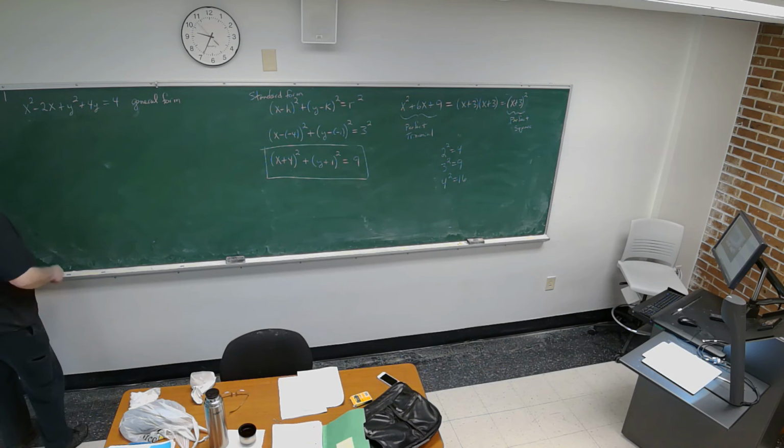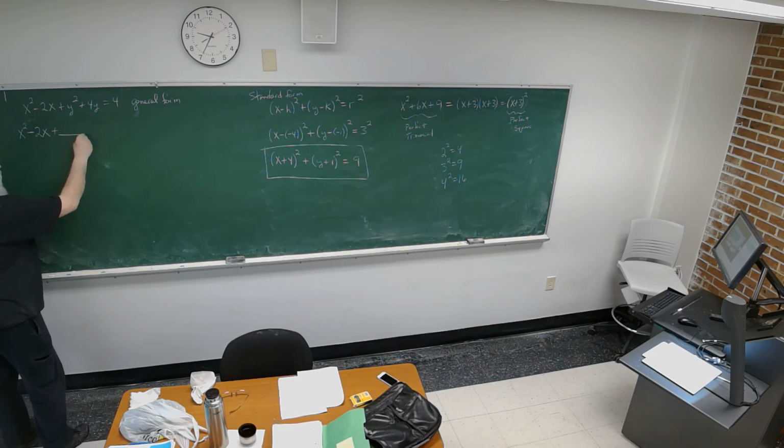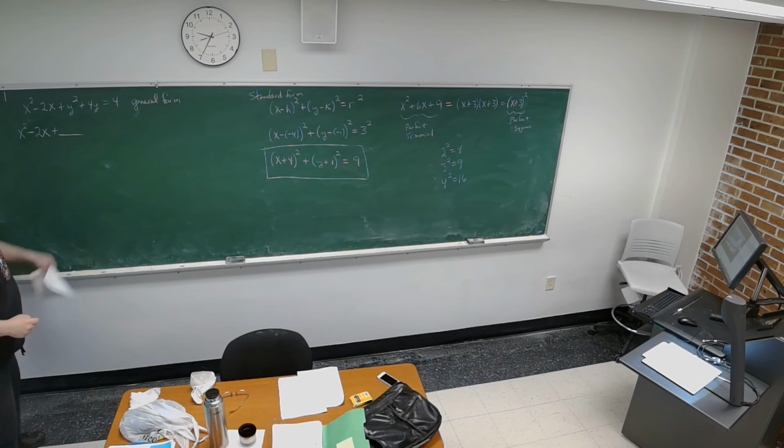Now, we're going to add two numbers to both sides of the equation in order to create a perfect trinomial on variable x and a perfect trinomial on variable y. So we have x squared minus 2x, and I'm going to put a blank where we're going to add a number to the two sides to create a perfect trinomial in variable x.